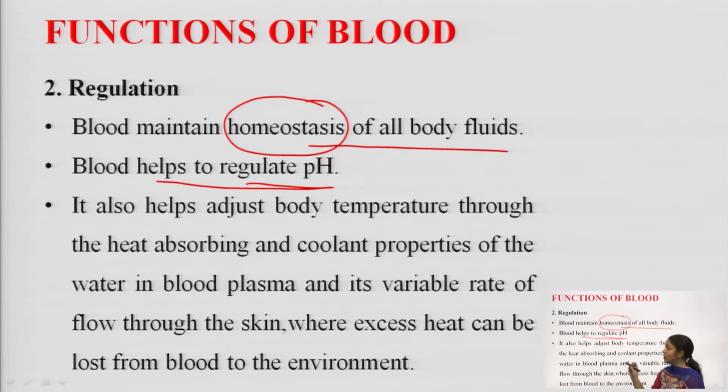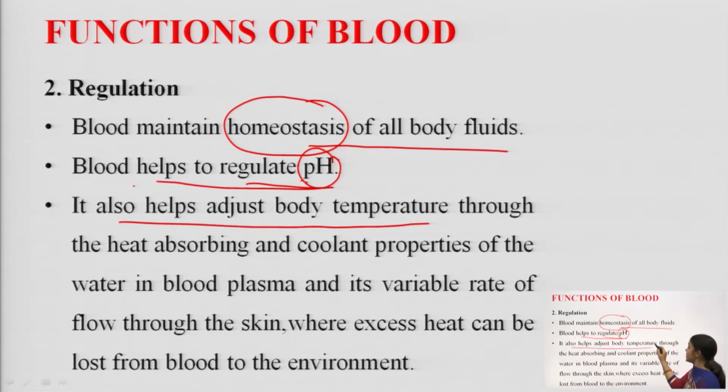As I told you earlier, carbon dioxide is present in your blood, which is acidic in nature, and that can alter the blood pH. So blood helps to regulate the pH by eliminating or exhaling carbon dioxide from your body.